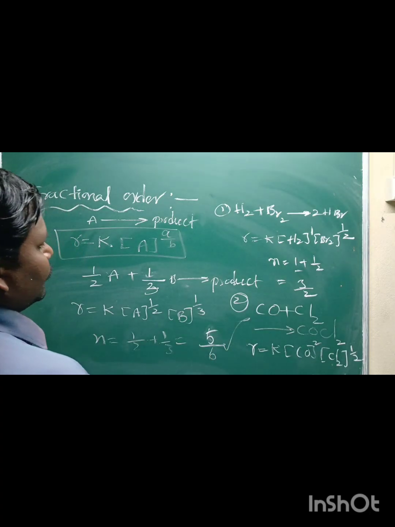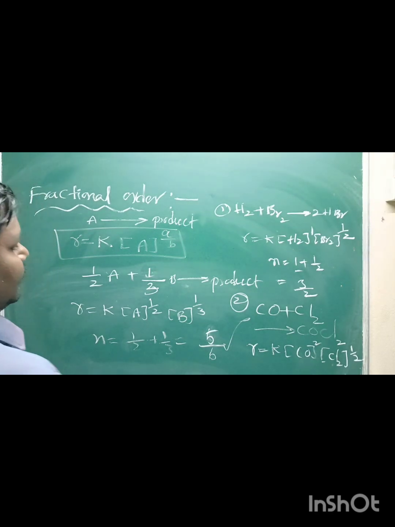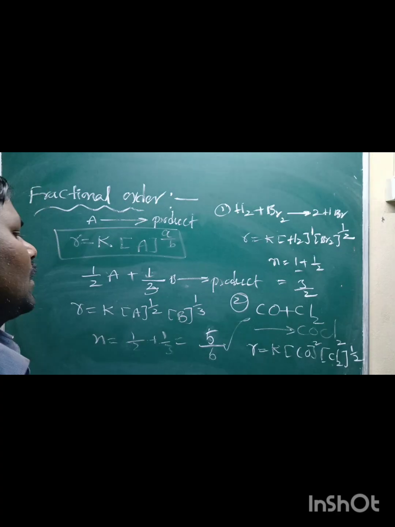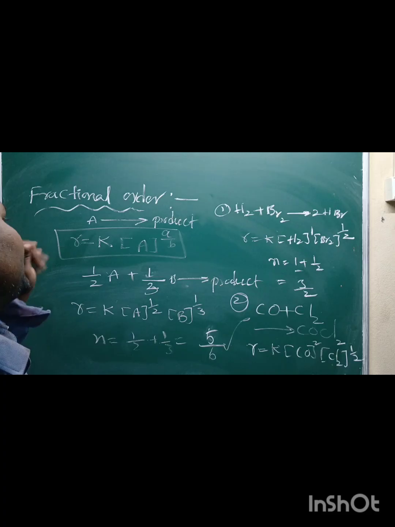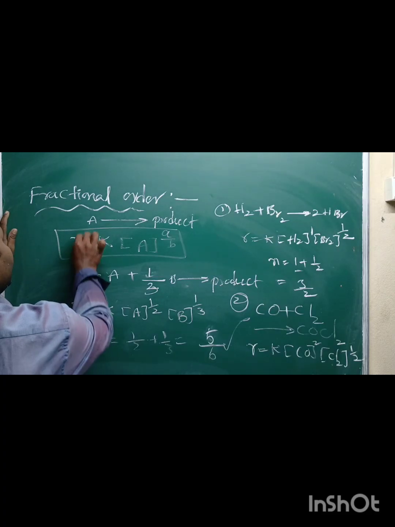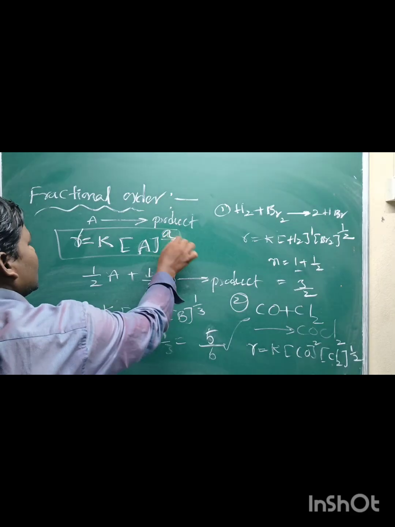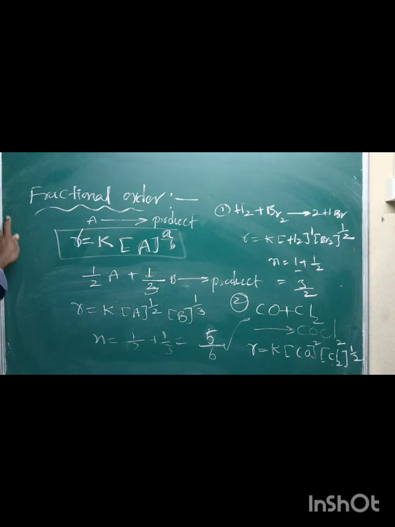The order is also a fractional value, 5/2. I hope it is clear. What is fractional order? The sum of the powers of the concentration of reactants being some fractional value is called fractional order.